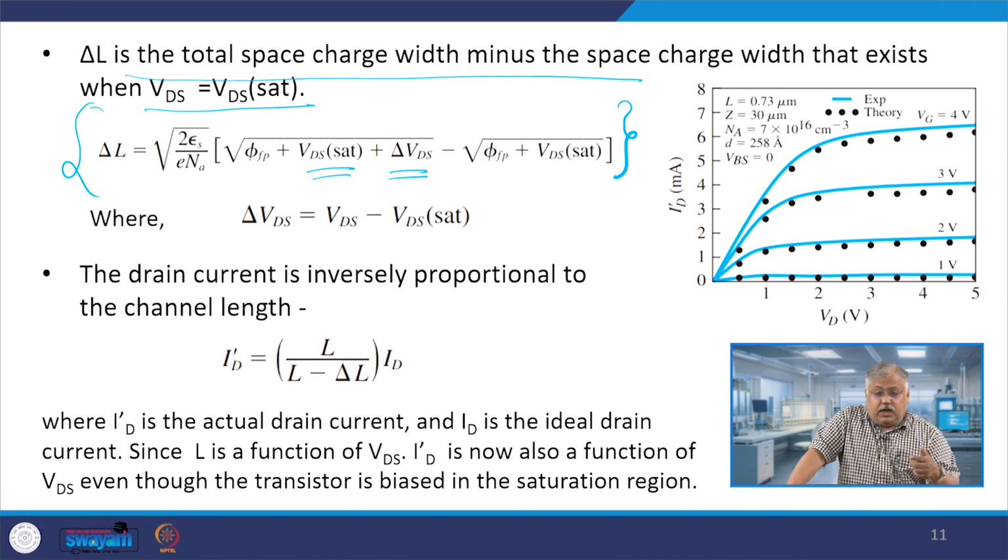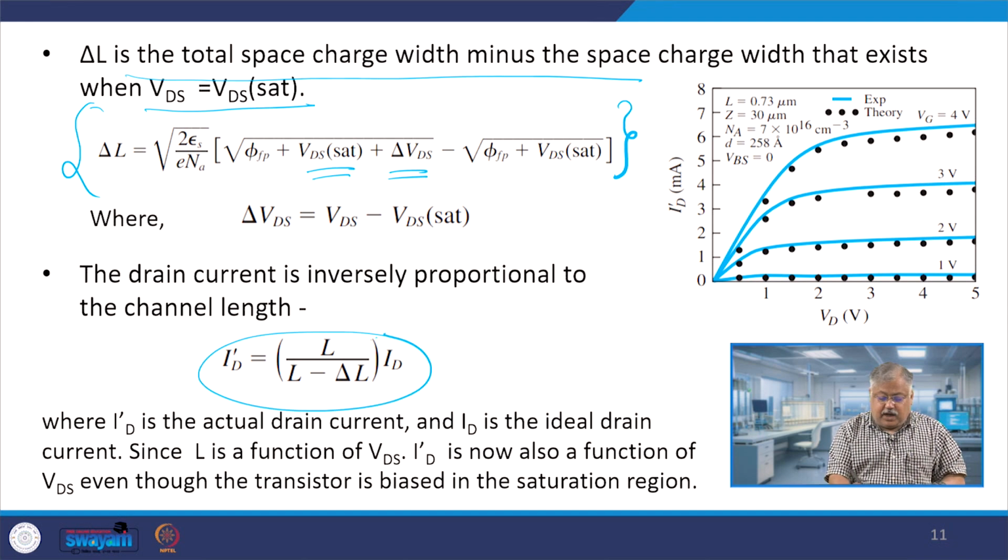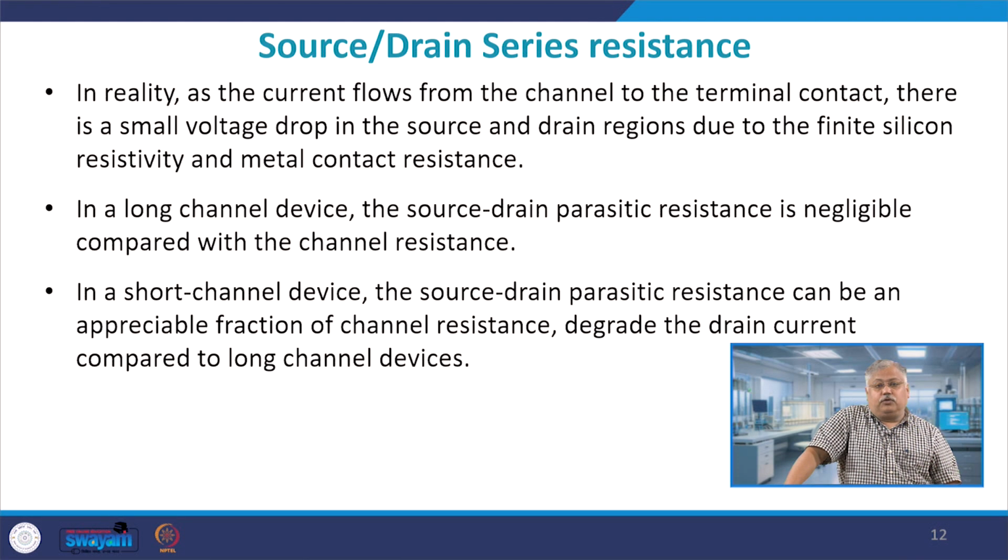Therefore, the current actually increases by this factor: ID prime, the absolute value of the current by virtue of the change in channel length, is given by L minus del L into ID, where ID prime is the actual drain current, ID is the ideal drain current, and delta L is basically my channel length modulation effect, L is my channel length. This is the value of the current in absolute value.